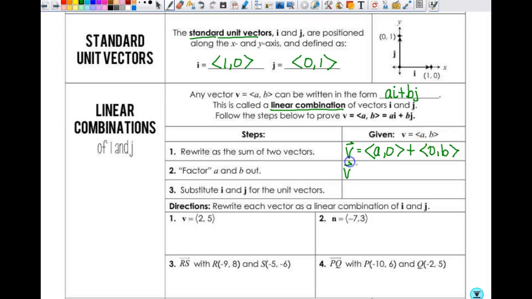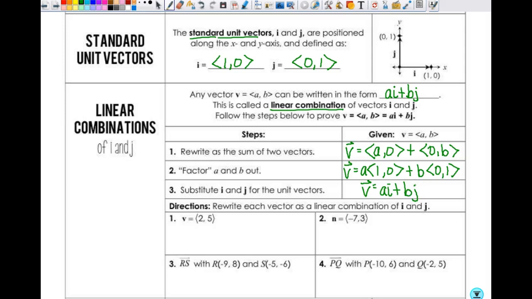So this is equal to, if I factor a out of that, a times 1, 0 plus b times 0, 1. Because if I multiply that back in, that would give me a, that would give me 0, give me the same thing. And then since 1, 0 is i and 0, 1 is j, then the vector is equal to a times i plus b times j.